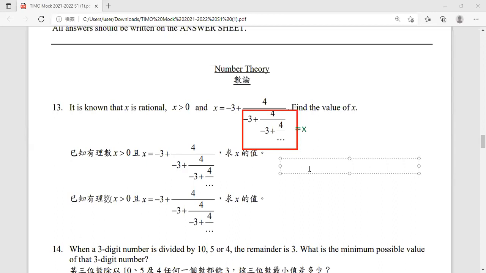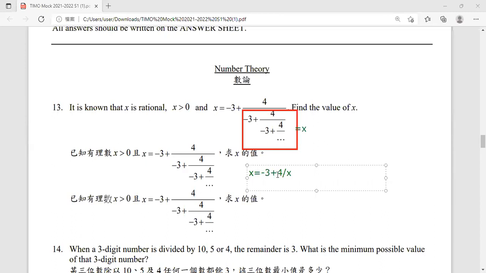Of course, if you know this is x, you know that if you put a 1 in, then it will be okay. The answer is equal to 1. But if you want to do it formally, x equals negative 3 plus 4 over x. Because you know that x is not equal to 0, if x is equal to 0, the game will be over. You don't want to do it.